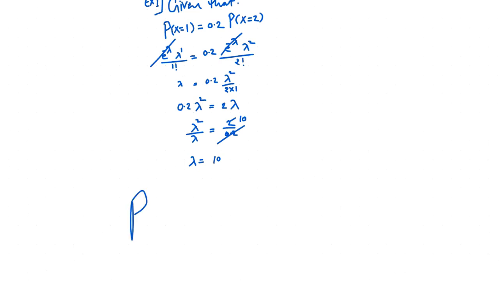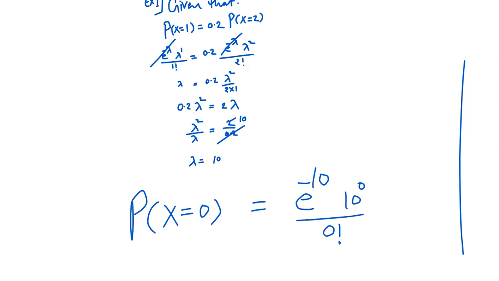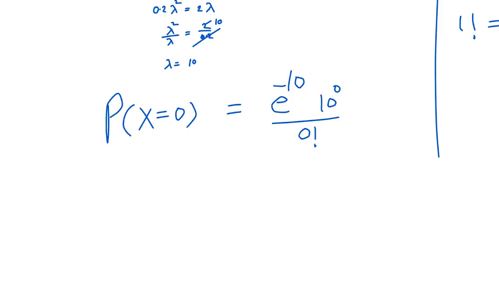It is equal to e to the power minus 10, because lambda is 10, into lambda to the power 0, because in the formula we have lambda to the power x. So x is 0, and factorial 0 is equal to 1. Any value to the power 0 is 1, and factorial 0 is also 1.